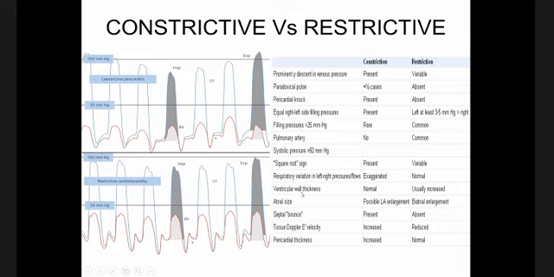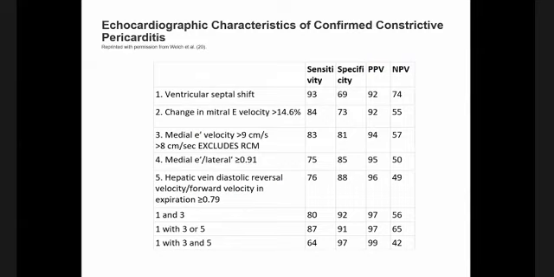But now with the tissue E by E prime Doppler velocities, it becomes very easy. You can see these are the sensitivity and specificity of the echo findings, the ventricular septal shift, the change in mitral E velocity. And like I said, in constrictive pericarditis, because the LV is actually contracting and relaxing well, the E prime is good, which means it is not decreased, whereas the E prime is very much reduced in restrictive cardiomyopathy.